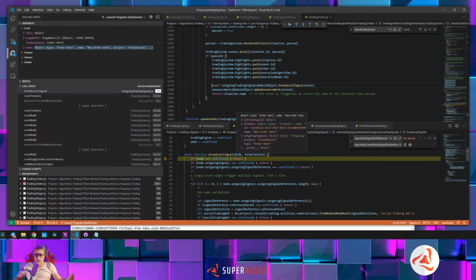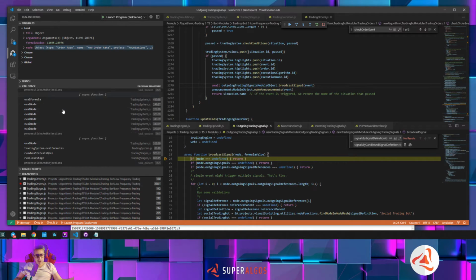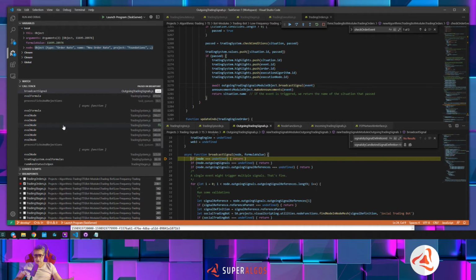So this doesn't make sense. Why am I here? I mean, I'm at broadcast signal, but the node is order rate and the call stack is totally different.